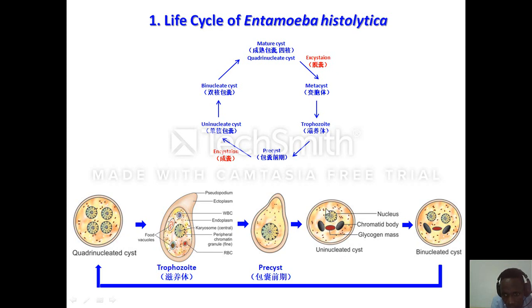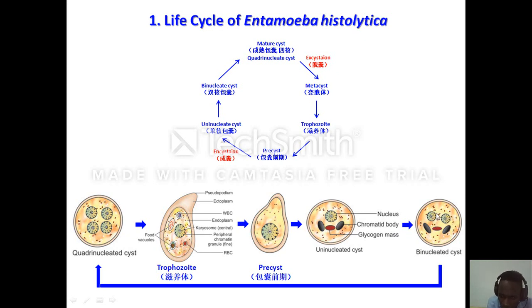You can see it has only one nucleus. From the precyst stage, it gained encystation to become a uninucleated cyst with chromatin bodies in it, where we cannot see chromatin bodies in the trophozoite and the precyst. And then the nucleus became 2, making it a binucleated cyst.